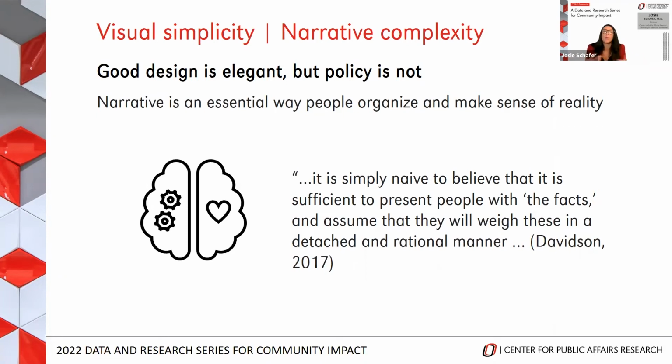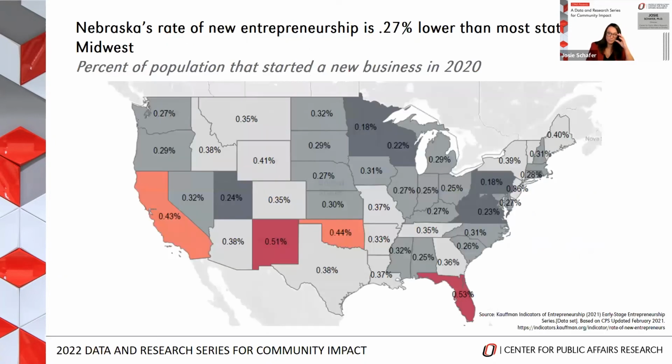I think that's probably a little simple on what policymakers are looking for. But I do think we really try to overcomplicate it, or we think a data point or a lot of data are somehow going to solve the problem. The issues are complex. Our analysis should be as well. So visual simplicity, narrative complexity. Let me give you some examples of when we've done this.